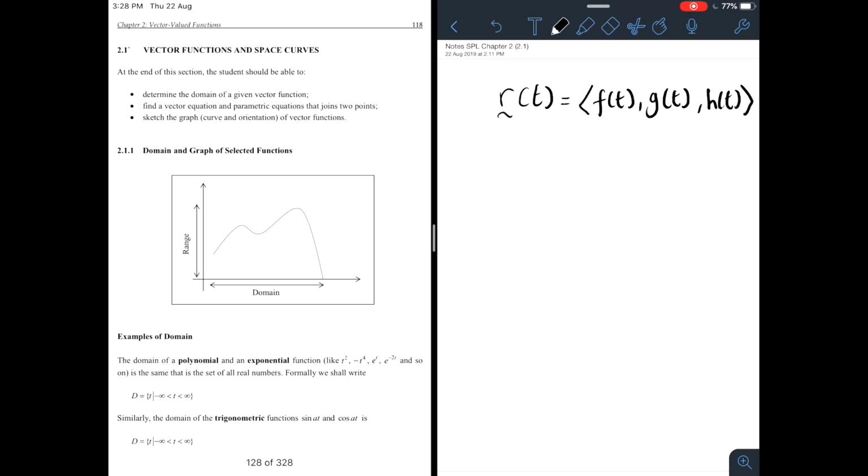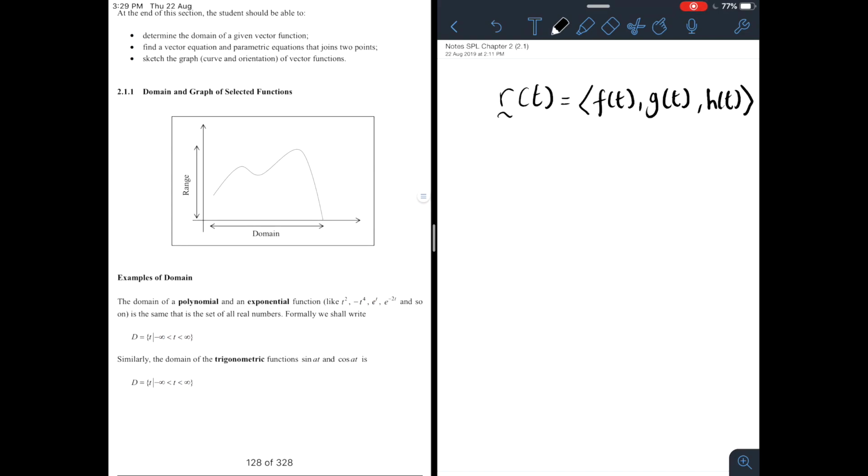Before we try to determine the domain of a vector function, let us learn about a few types of functions, because each function will have a different domain, or there will be a different way to determine the domain of a function. I believe you are familiar with polynomial function.